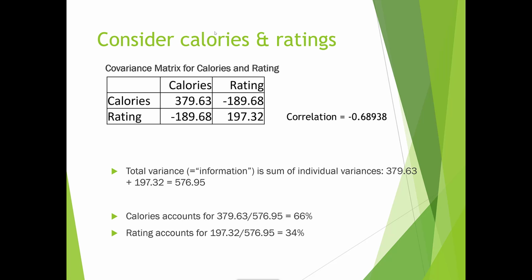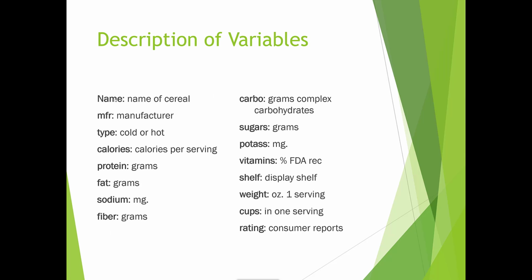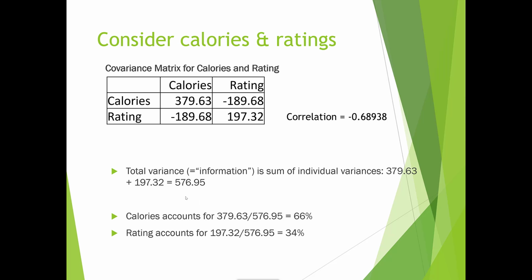Okay. So first, we're going to look at just these 2 variables: calories and rating. Remember, there are so many of them. Here is the calories variable, and here is the ratings variable. These are the 2 that we're going to look at.